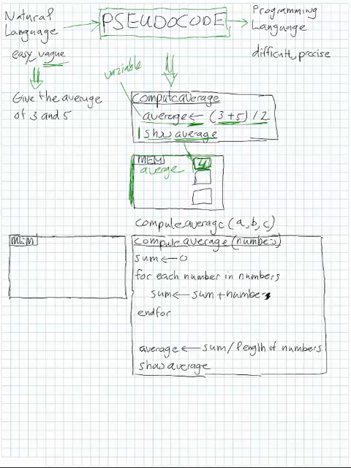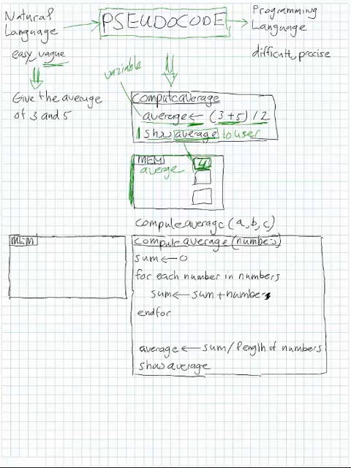I could also have written show average to user. There are not really rules for this. I could also have written print average, or show average on screen, as long as we're clear that it is all about the variable average.